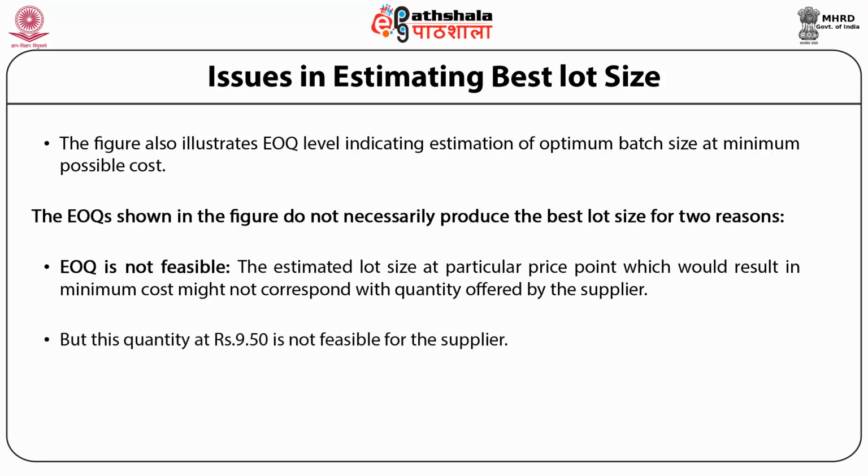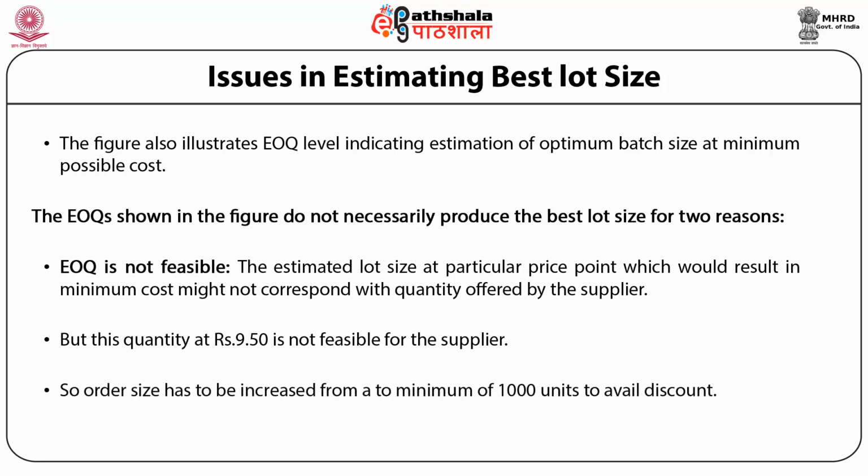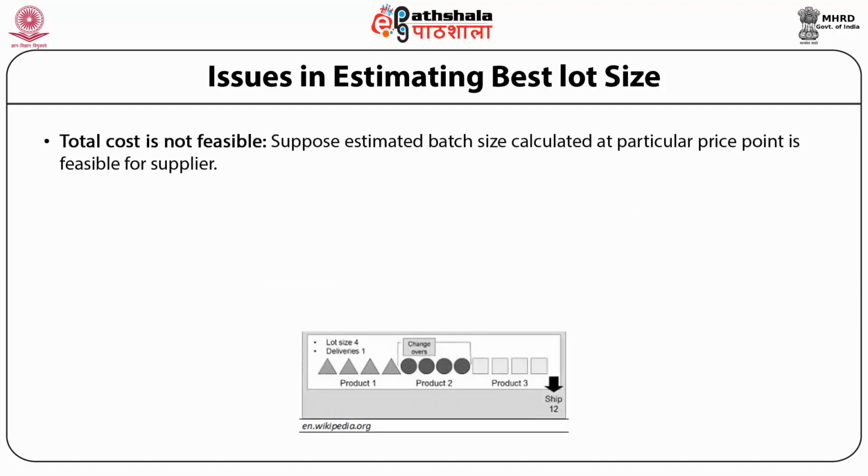But this quantity at rupees 9.50 is not feasible for the supplier. So order size has to be increased from A to minimum 1000 units to avail discounts. Two, lowest total cost is not assured.